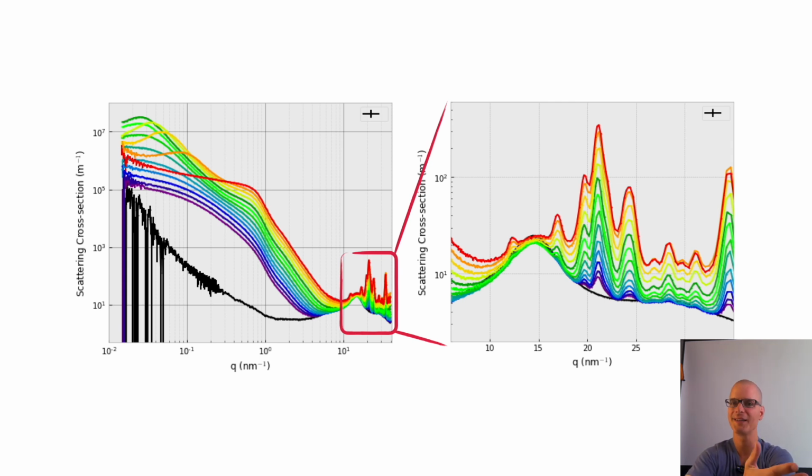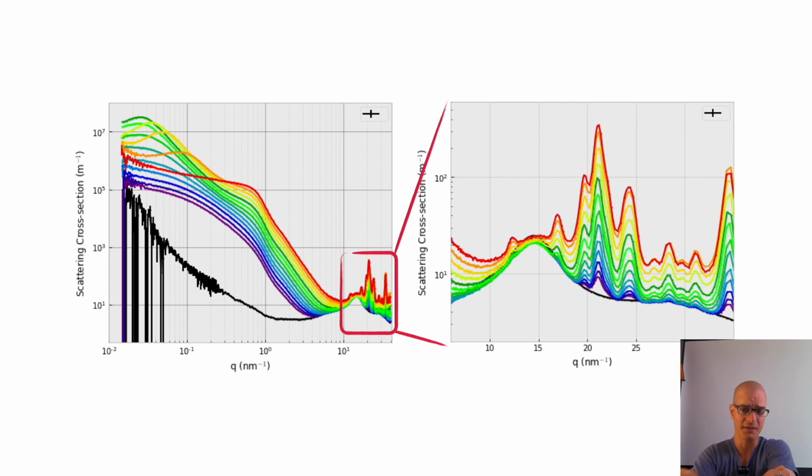So you can see over here, it's actually a really interesting data set, because as you increase the volume fraction, you start to see the structure factor coming in, right? The interparticle interference coming in the dark green curve. And then that bump shifts to higher and higher angles until it meets up with the first shoulder of our form factor.